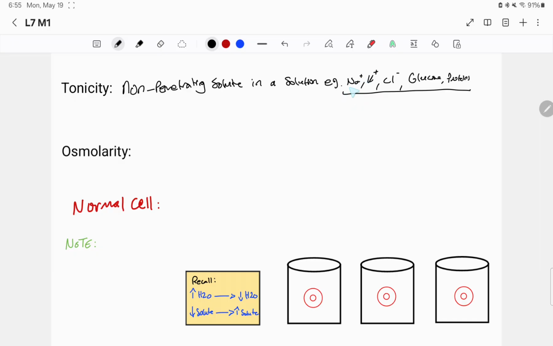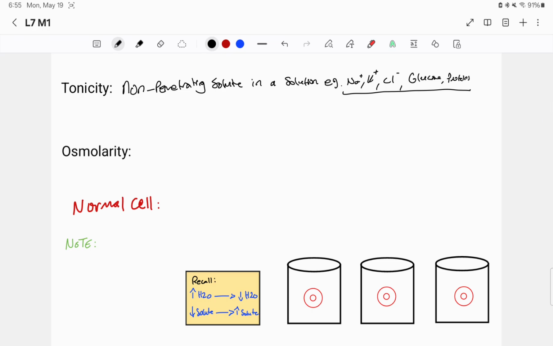And the reason is that they are either too large or they have a charge, or they're water soluble. And because of that, they're non-penetrating solutes.